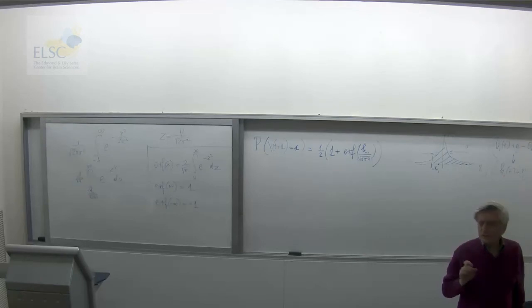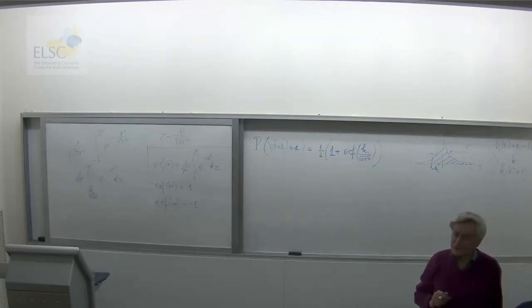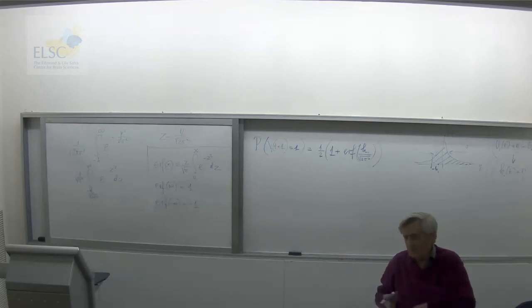But now let's take another step. Now I make an approximation. The error function came in here for obvious reasons. It always appears when we deal with normal variables.